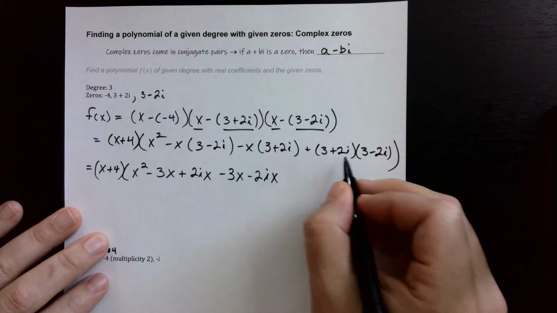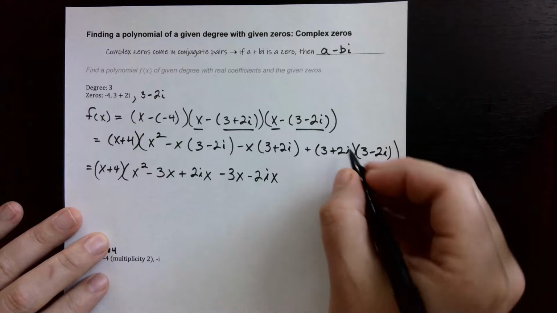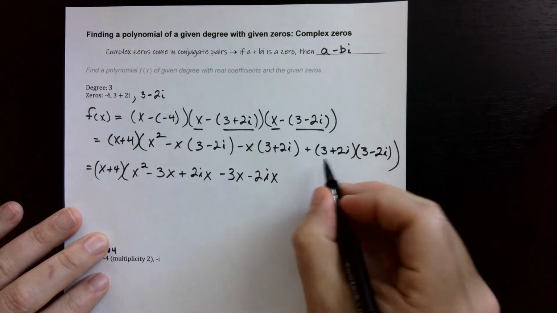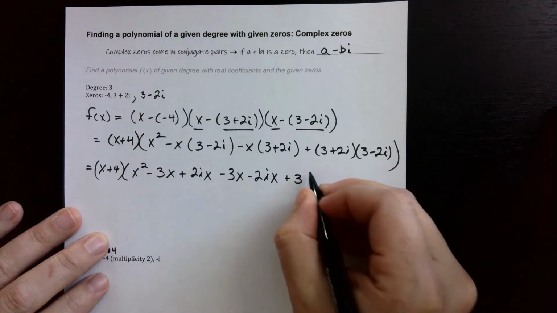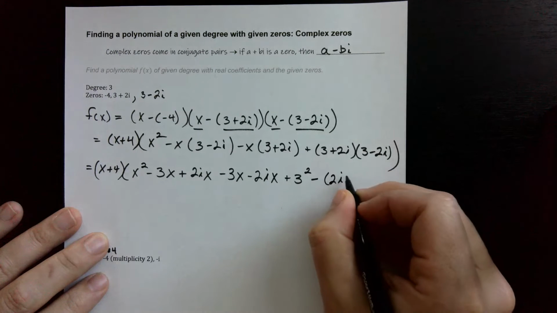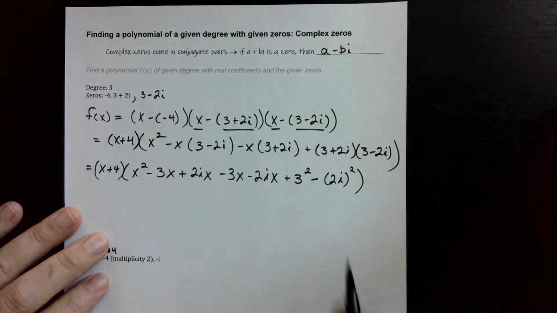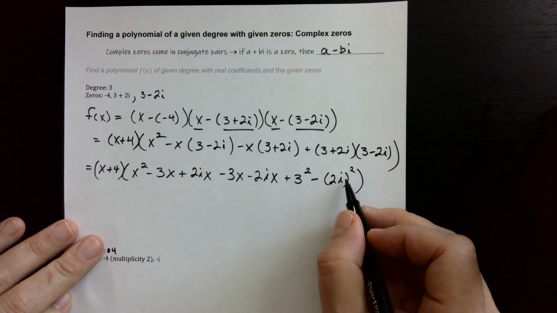And then this is a difference of squares, a plus b times a minus b. Remember, if you're multiplying, you get a squared minus b squared: the first term squared minus the second term squared. So this will be plus 3 squared minus (2i) squared. Let's take care of this first. If you square the 2, it becomes 4. If you square the i, it becomes i squared, which is -1.